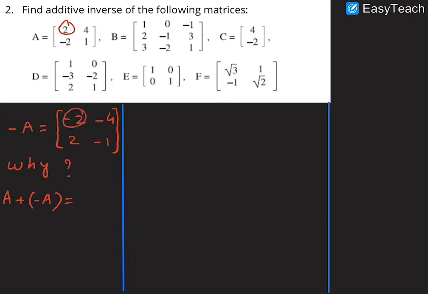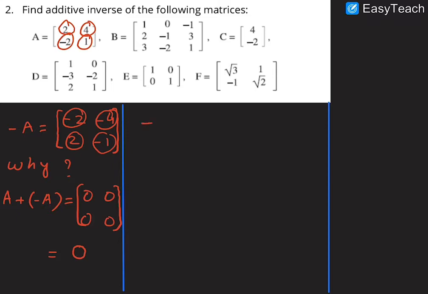Minus 2 plus 2, 0. 4 minus 4, 0. Minus 2 plus 2, 0. You know corresponding elements we need to add. So 1 and minus 1 will be 0. So you will get null matrix. So when you add two matrices and you get the answer as null matrix, then these two matrices will be inverse of each other.